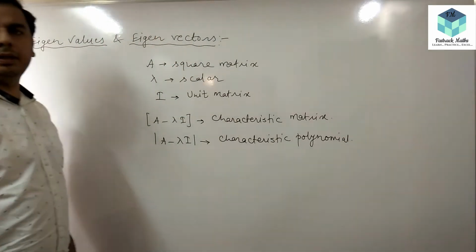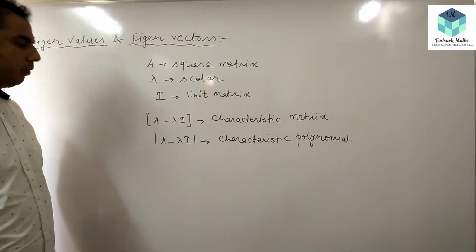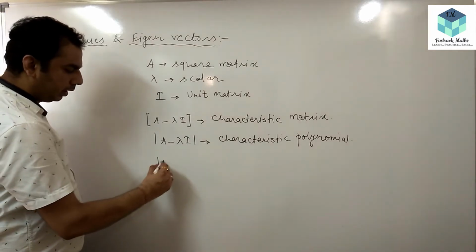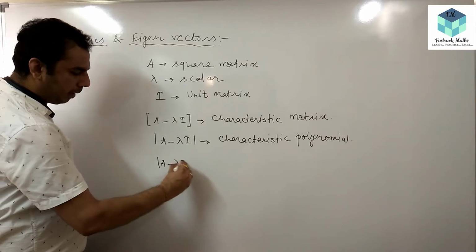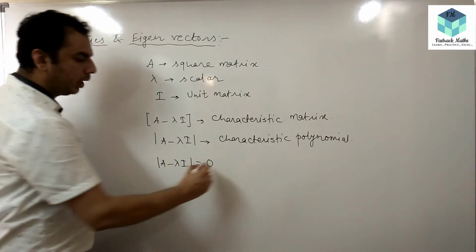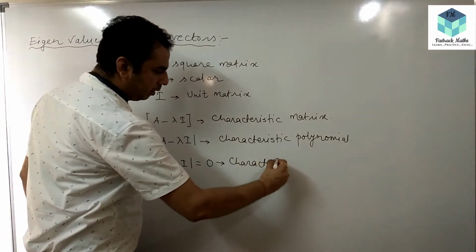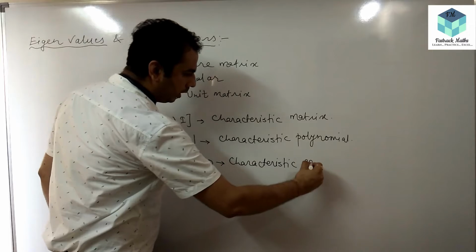And this determinant when equated to 0 is known as the characteristic equation. That is, determinant of A minus lambda I equal to 0 is known as the characteristic equation.